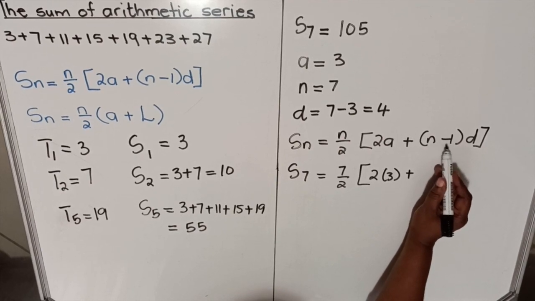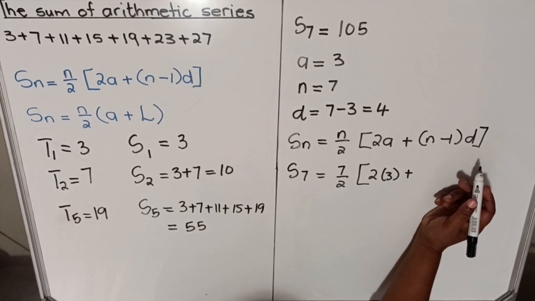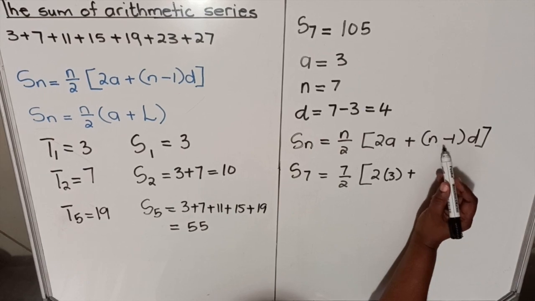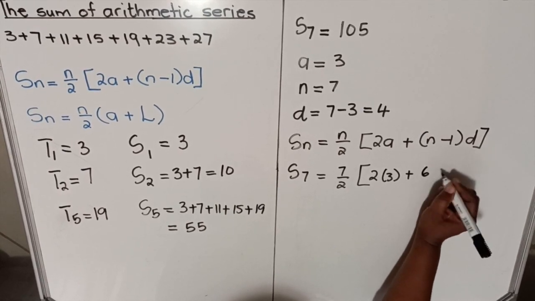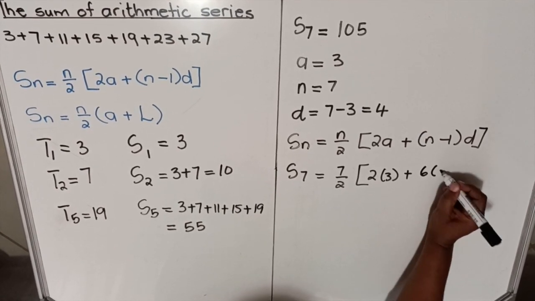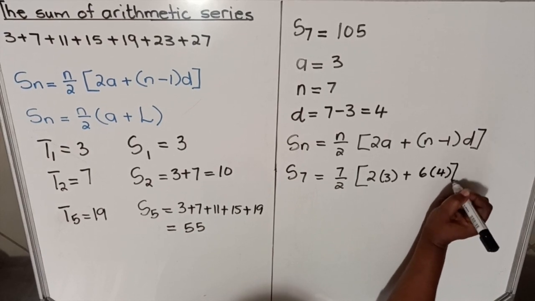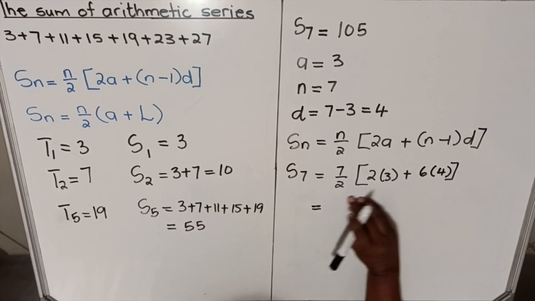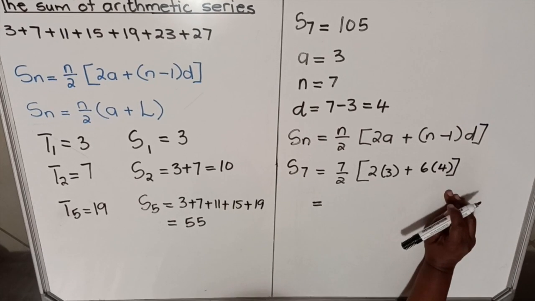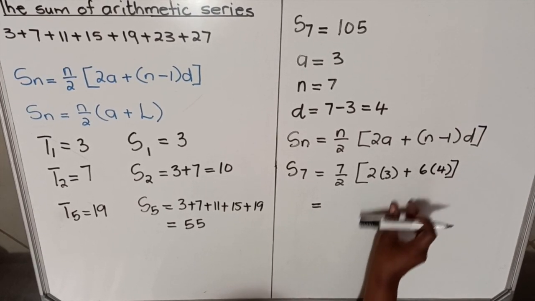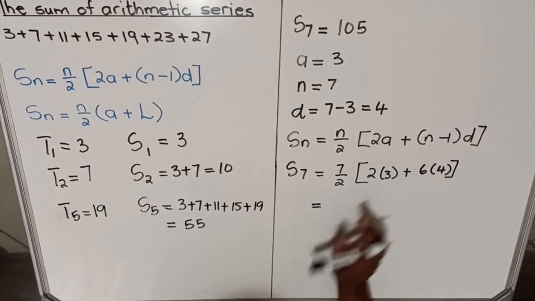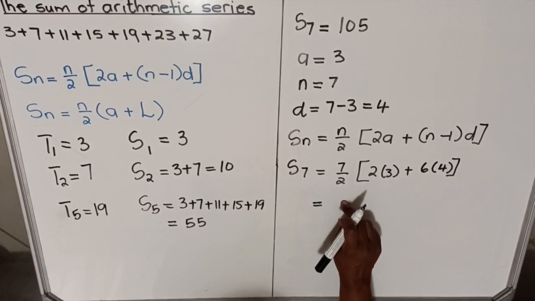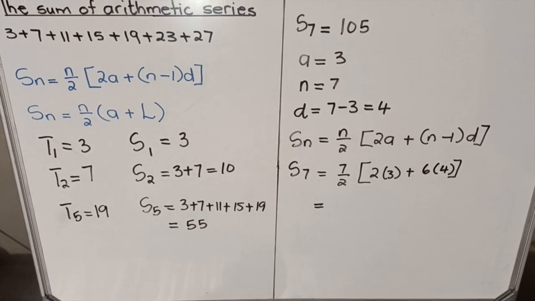Don't write 7 minus 1, you've done that in grade 1. Subtract it already. 7 minus 1 is 6, multiplied by my d, which is 4. Then take your calculator and punch everything in. You won't get marks for adding these two together and then dividing. The next mark that you're going to get will be your answer.